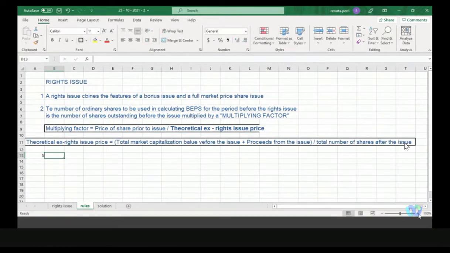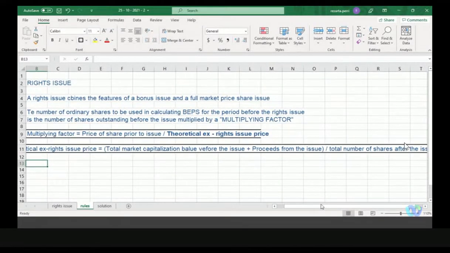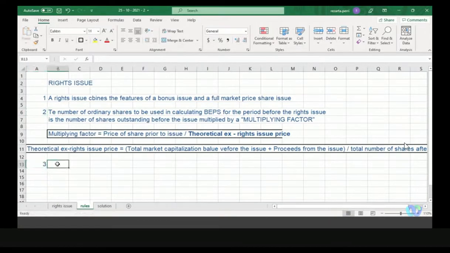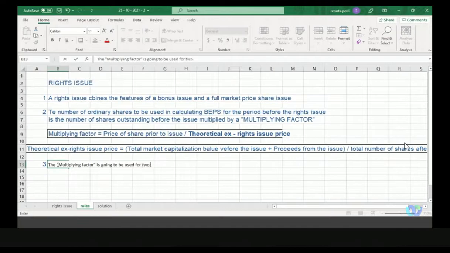Okay, the third thing is that after we calculate the theoretical ex-rights issue price and the multiplying factor, what do we use that for? This multiplying factor is going to be used for two purposes.